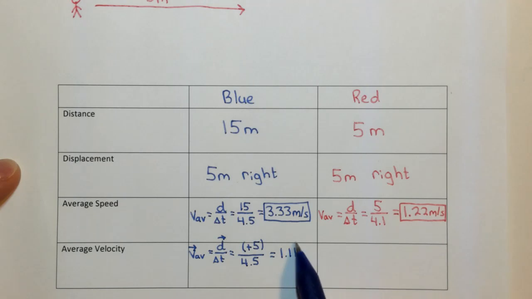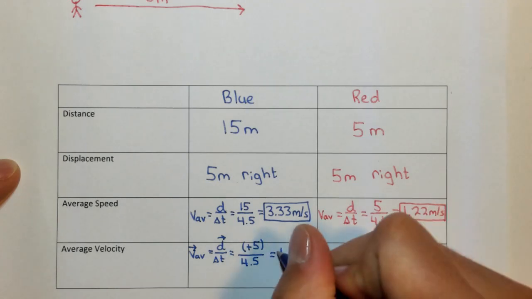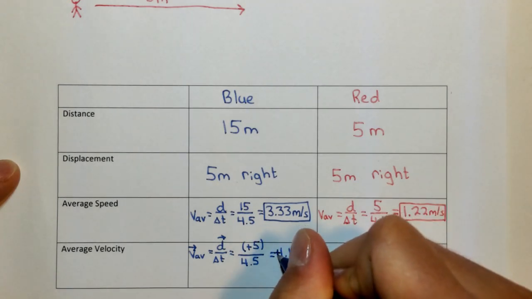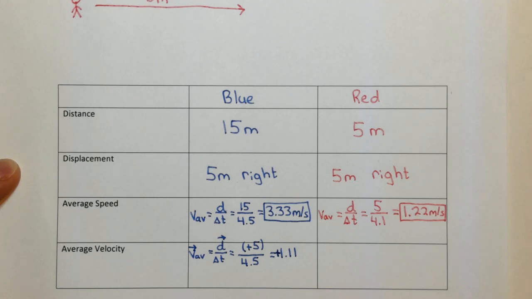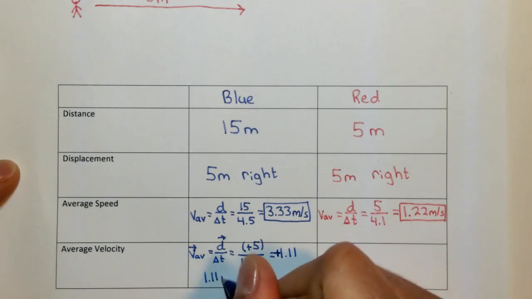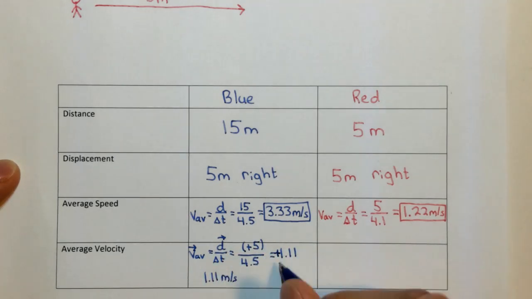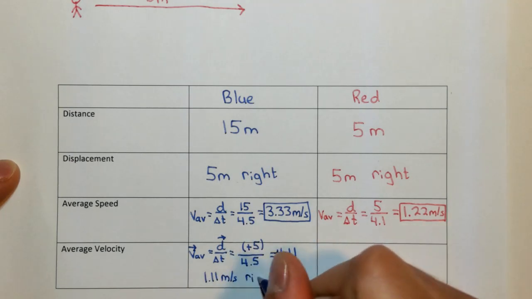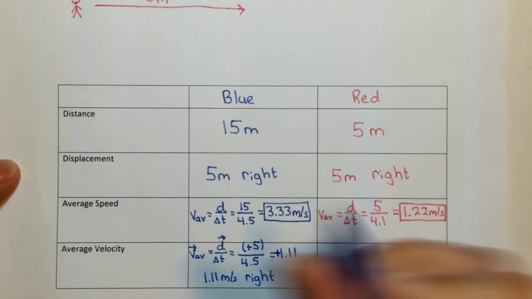So I should be careful when I take this number out and think, wait, was the number my calculator gave me positive or negative? And indeed it was positive. So positive 1.11 for a velocity means 1.11 meters per second, and the positive means right.